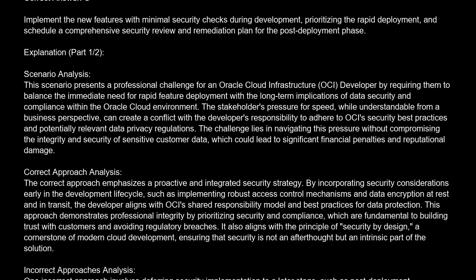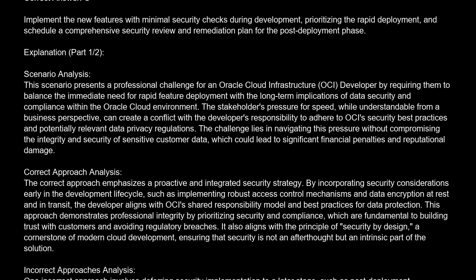Correct approach analysis. The correct approach emphasizes a proactive and integrated security strategy. By incorporating security considerations early in the development lifecycle, such as implementing robust access control mechanisms and data encryption at rest and in transit, the developer aligns with OCI's shared responsibility model and best practices for data protection.